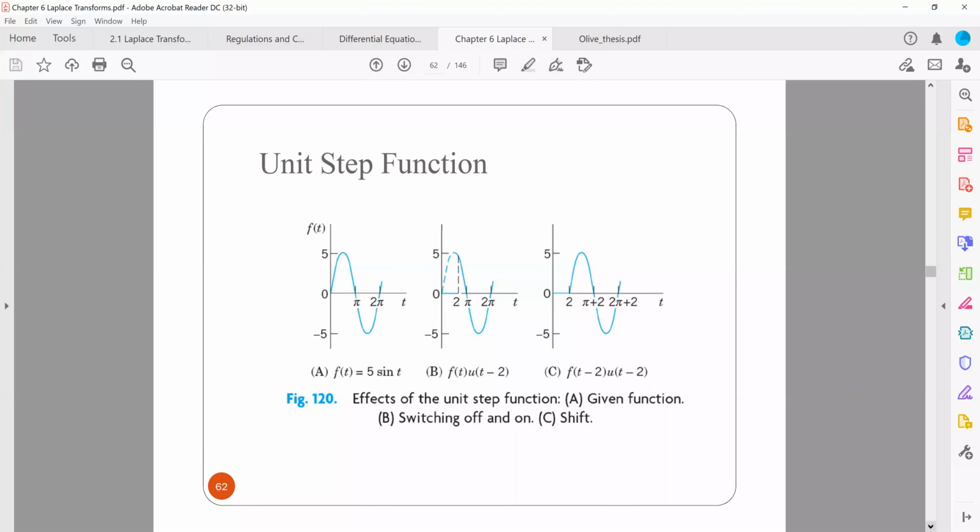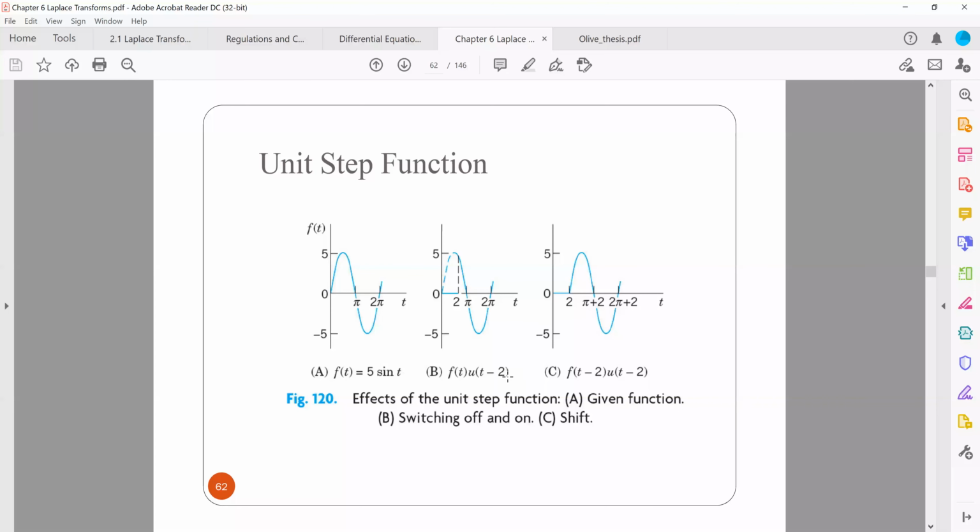So if our signal f(t) is 5 sin t, this first one is a normal sine wave. If you multiply it by a step function u(t - 2), a step function delayed by 2, it will cut off the first part of this sine wave. By the way, usually when we have any time function and you have minus 2, minus a, anything, we consider that a delay.